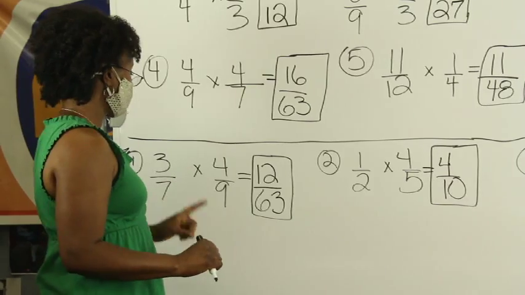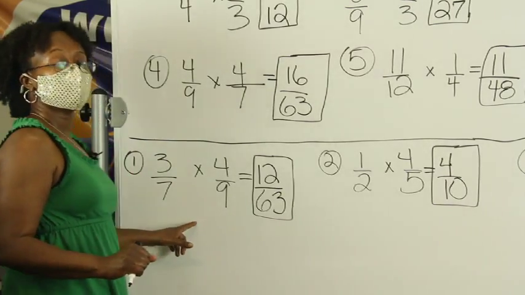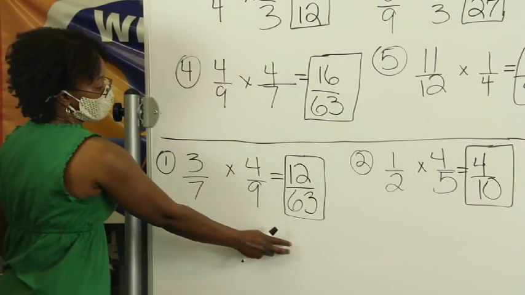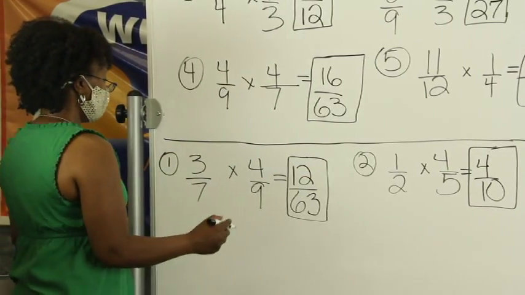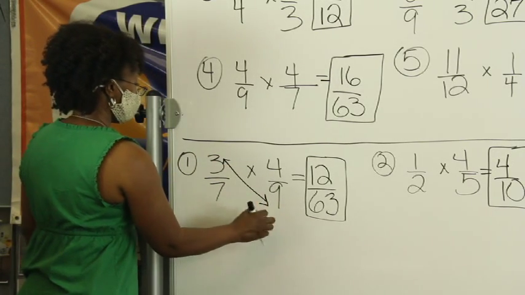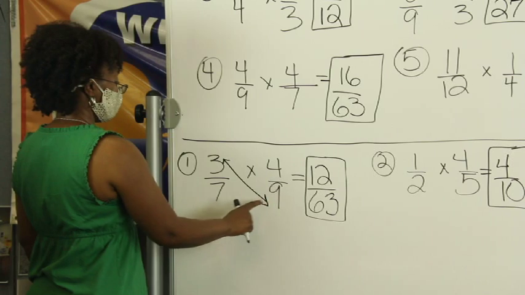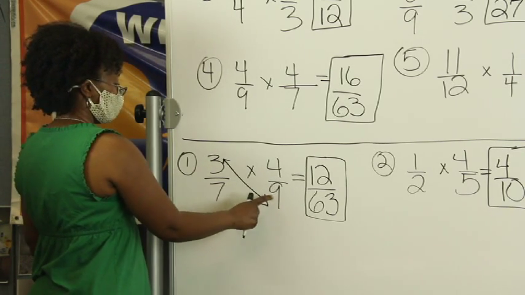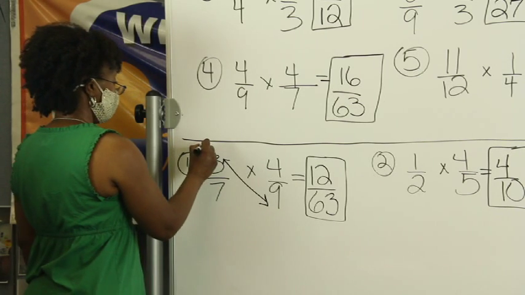Now, what I can do is go back, and if you would like to compare, I'll do number 1 for you the way that I did here so we can compare the answers, okay? So if we reduce the numbers diagonally, 3 and 9 have a common factor of 3.